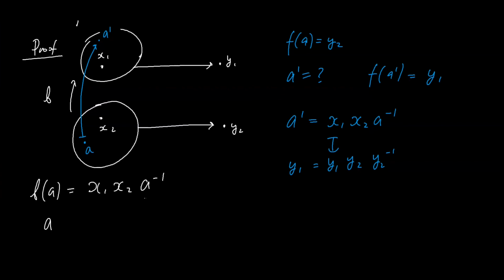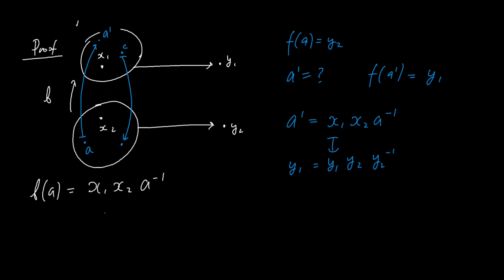What can we do with this expression to get back A? So how should B of C be defined? If I have C here, I want to be able to go back to some element there in such a way that if I started with A, I went to A prime and took it back, it would take me back to A, right?